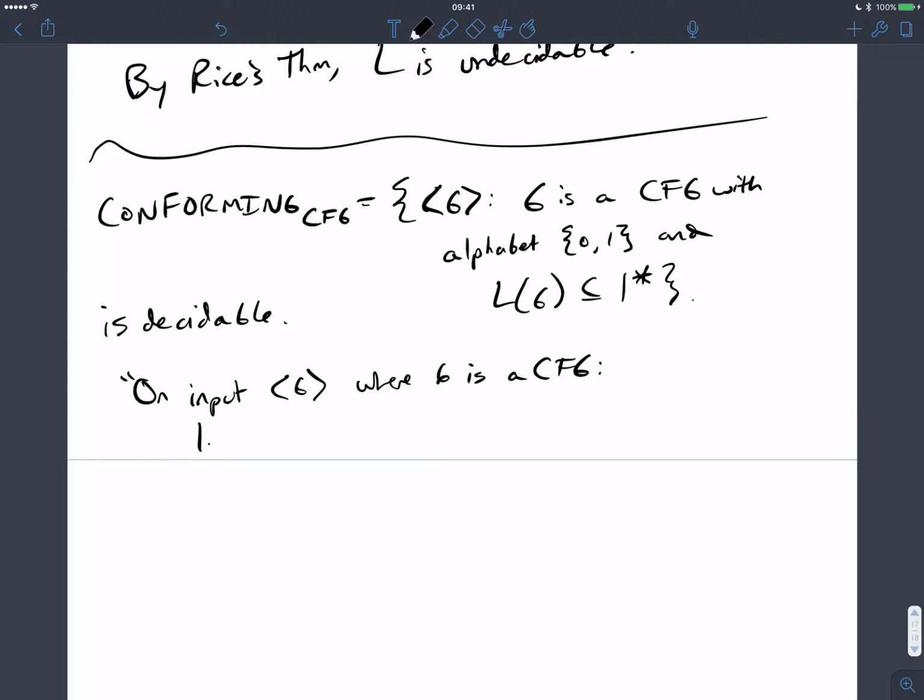But there may be unreachable transitions on 0 or unnecessary transitions on 0, right? So how do I write in another way, A is a subset of B?